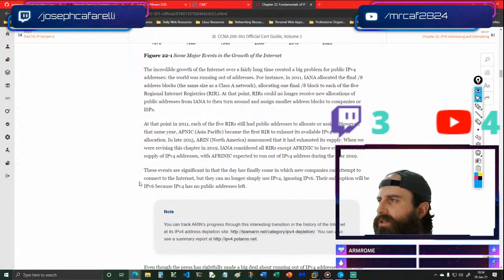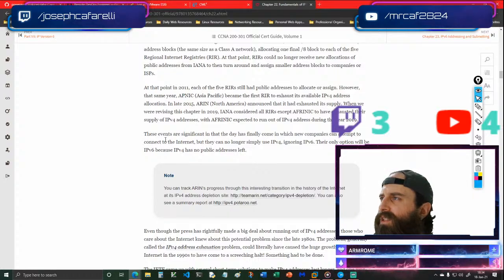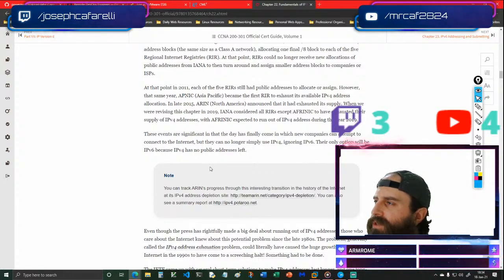These events are significant in that the day has finally come in which new companies can attempt to connect to the internet, but no longer supply IPv4. Ignoring IPv version 6, their only option will be IPv version 6 because IPv4 has no public addresses left.